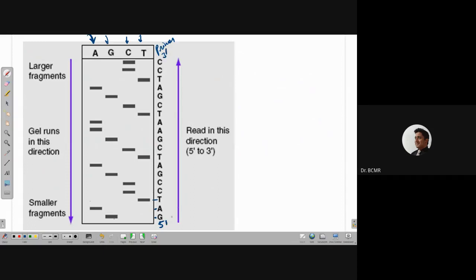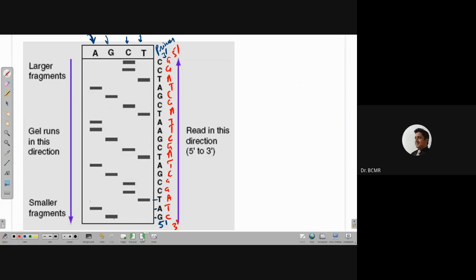If you want the template of this, then you should make a complement of it: C, T, A, G, G, C, T, A, G, C. Like this, you can make it, and you will then get the sequence of the template, 5' to 3'. Then you have the sequence of the DNA you're trying to look at. Okay?